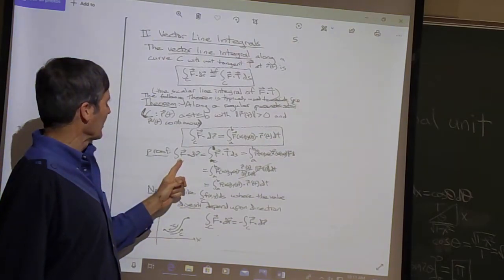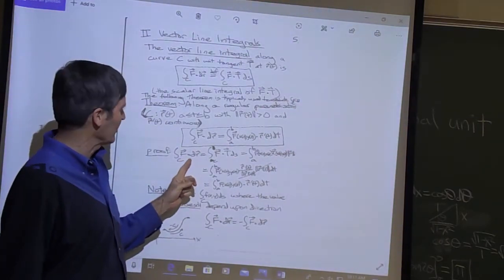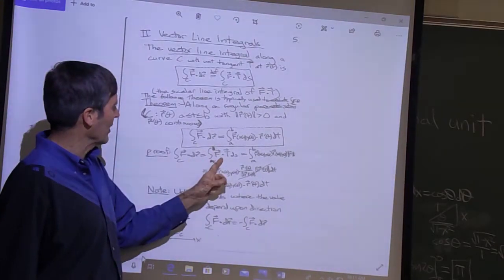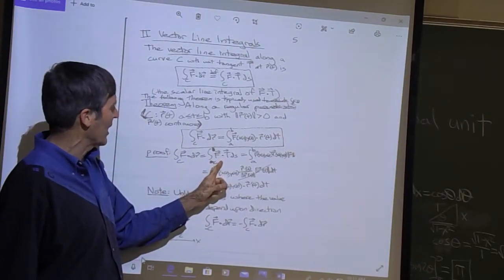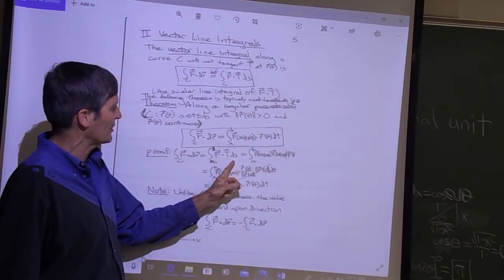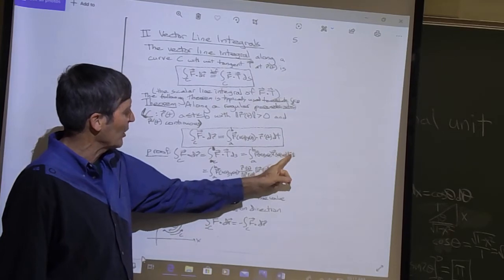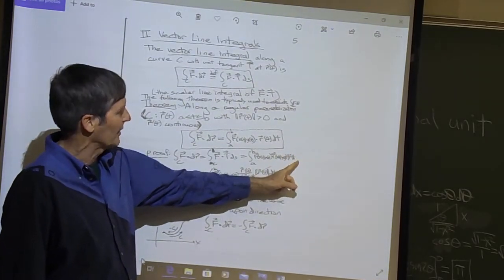We can do the proof very easily. I'll mention this one. I think it's kind of nice and insightful. Integral f dot dr is defined to be integral f dot t ds, the scalar line integral, but the scalar line integral of f dot t is f dot t times r prime of t dt.